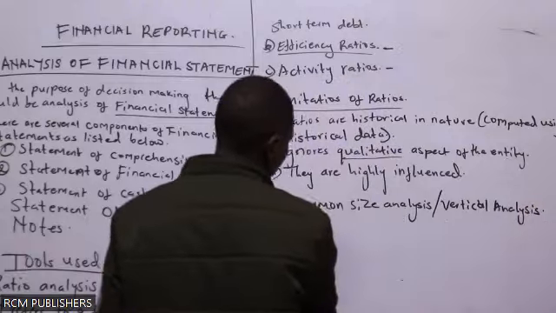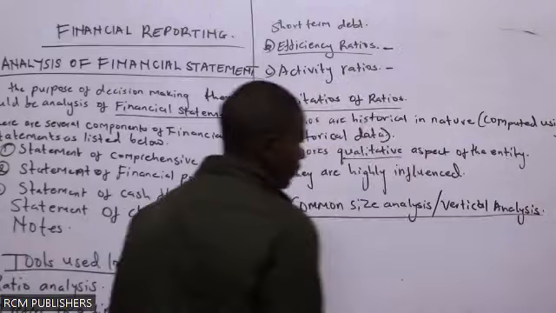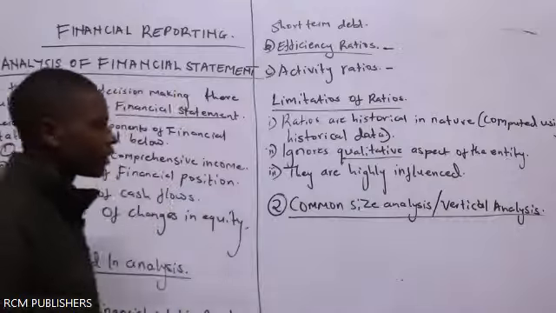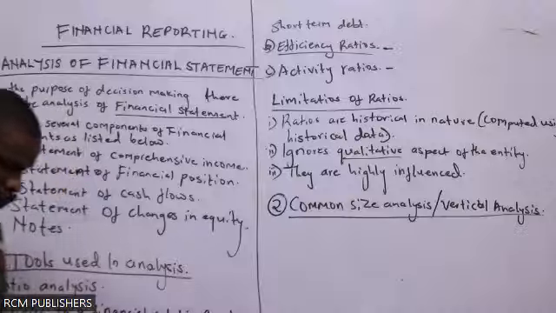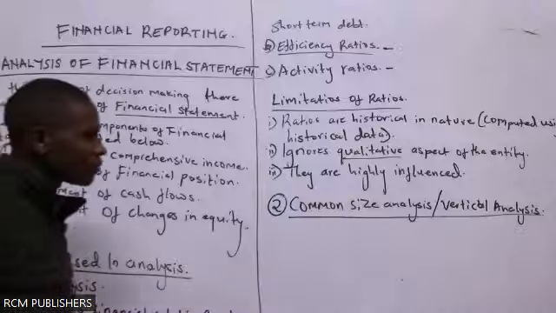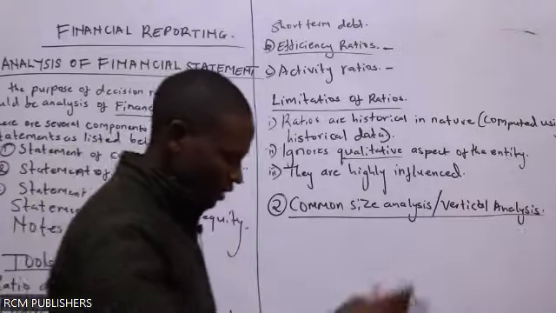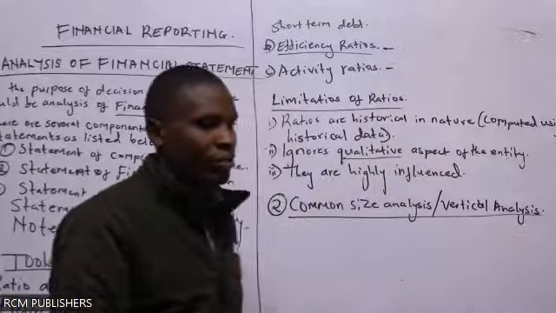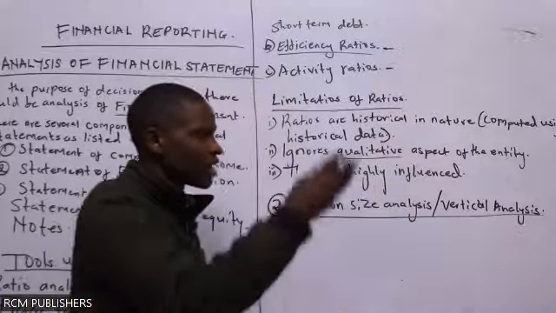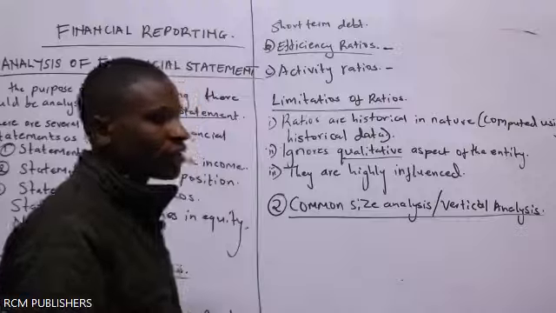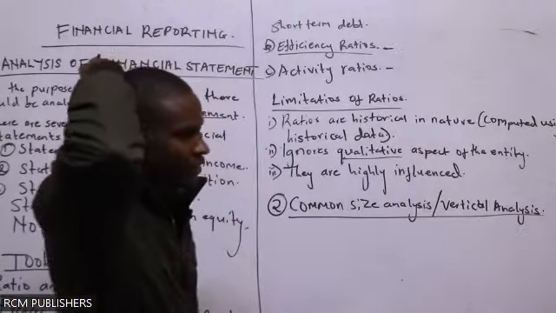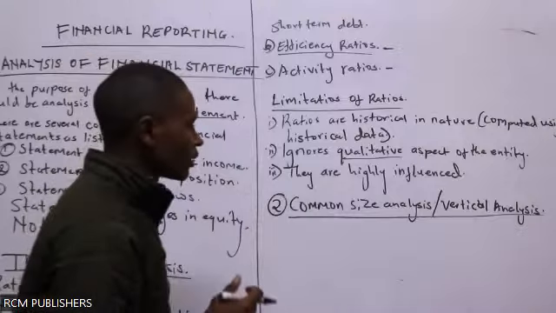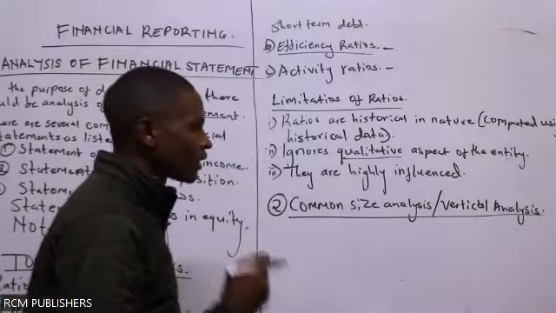So this is a very interesting tool, and the examiner also likes to use it. We are going to look at the income statement in a vertical manner, and the balance sheet in a vertical manner. But there's something I would like you to get from the word go.